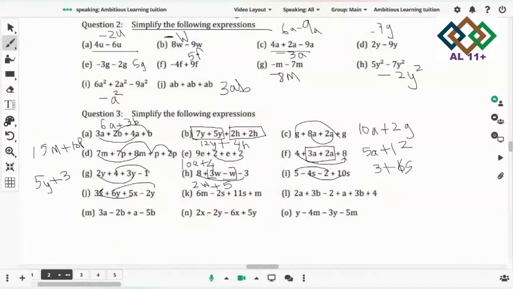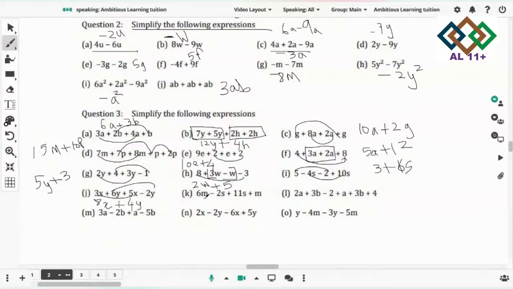So the answer for J would be 5 plus 3 is 8x. Then you have plus 6 minus 2. So that is 4. And we'll take the sign of the bigger one, that's plus. So it is 4y.